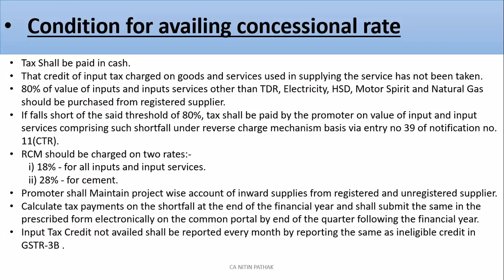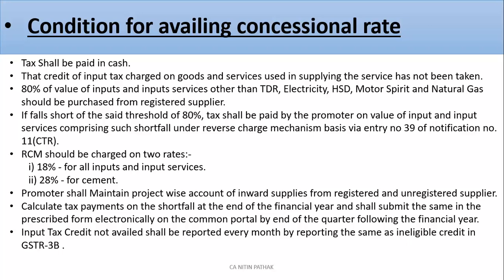When you are opting for 1%, 5%, 12%, affordable, non-affordable or commercial, then tax shall be paid in cash, and credit of input tax charged on the goods or services used in supplying the services has not been taken. The credit of input tax on goods used in supply has not been taken. 80%.